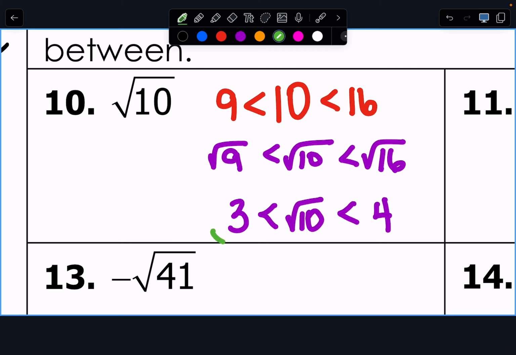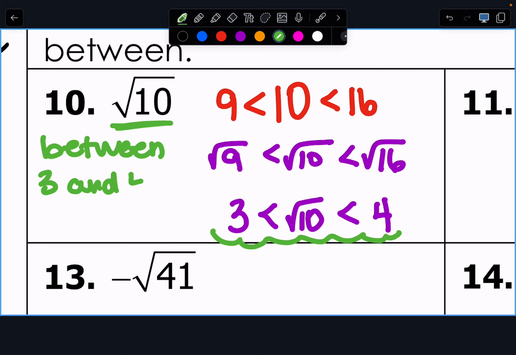Okay? So you can write it like this, or you can say square root of 10 is between 3 and 4. Okay? Now, which one would it be closer to? 3. It's going to be closer to 3. It's going to be 3 point something, closer to 3 than it is to 4.